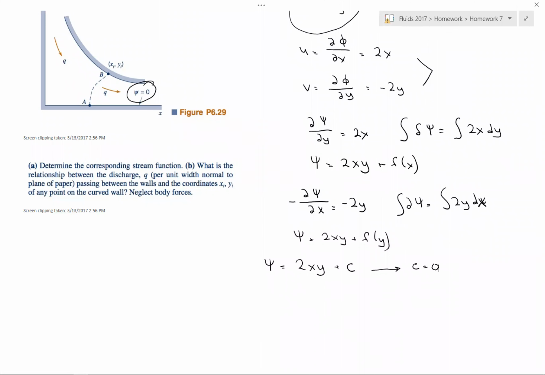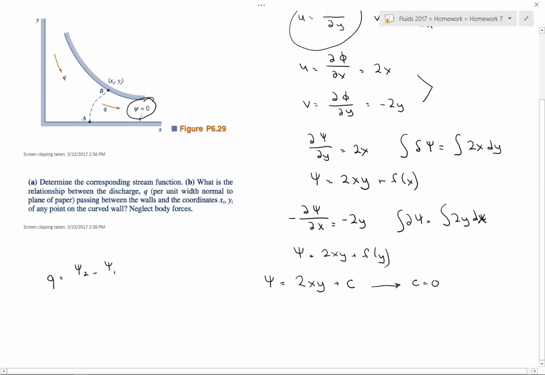And so if you remember from class, what we said was that Q is equal to the second stream function minus the first stream function. So, or A minus B, whatever.